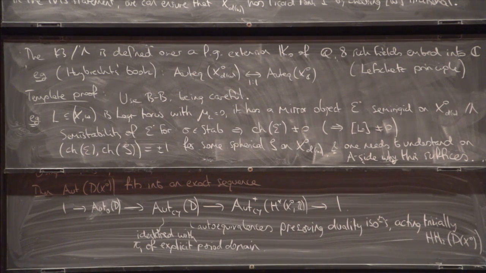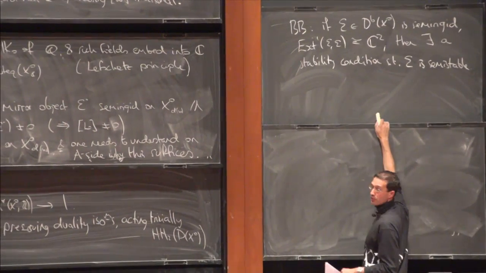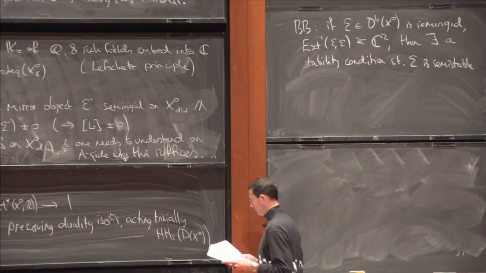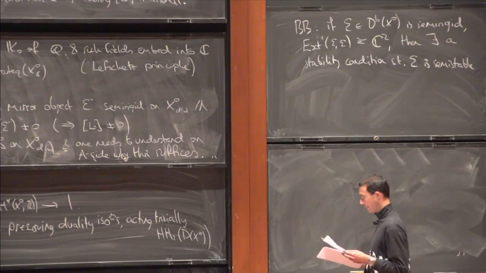Okay, so to end, I just want to talk for a few minutes about a completely different example related to a different circle of ideas that ties into Daniel's talk from yesterday. I think it was yesterday.